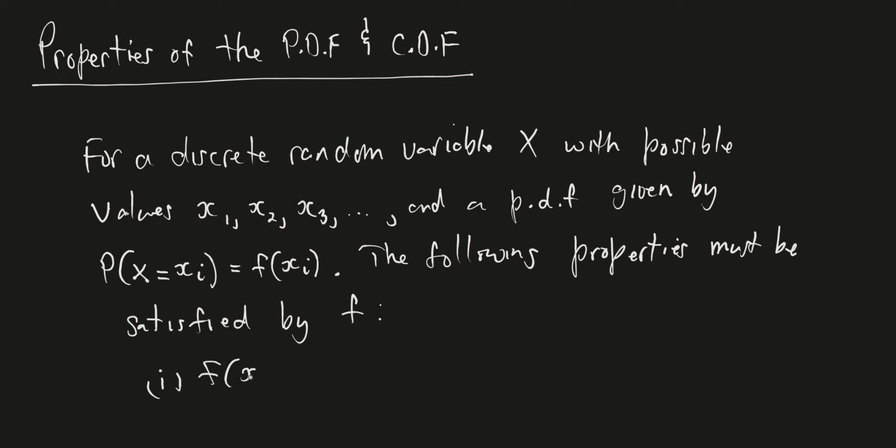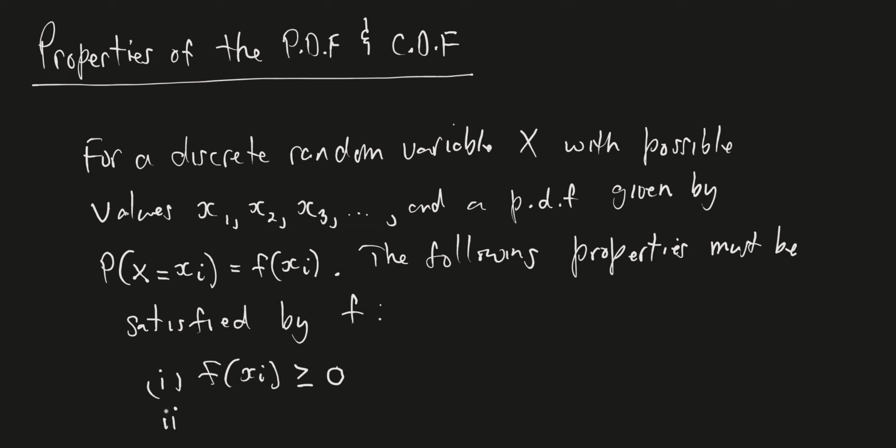So f of xi must be greater than or equal to 0, right? So thinking back to our previous video when we described the PDF in the form of a table, what it's saying is, in the row of the table that has these function values, which represent these probabilities, we can't have any negative numbers. And that's consistent with our axiom of probabilities, right? So probabilities are always positive.